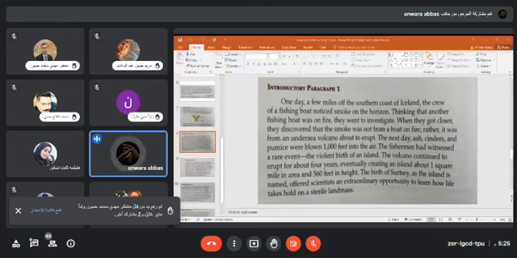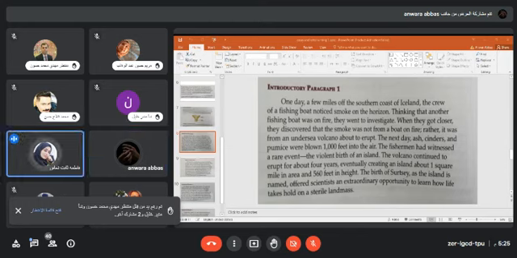I first asked you to identify the type of introduction, and it turned out to be an attention-getting introduction. And then I asked you what the general statement of the introduction is and what the thesis statement is within our introduction, in this paragraph.